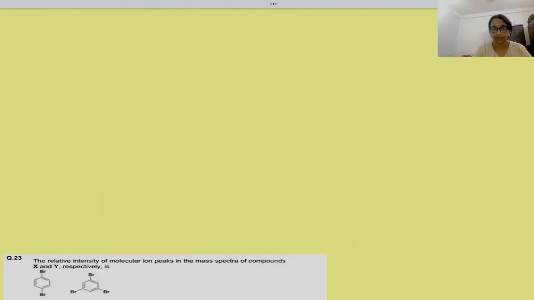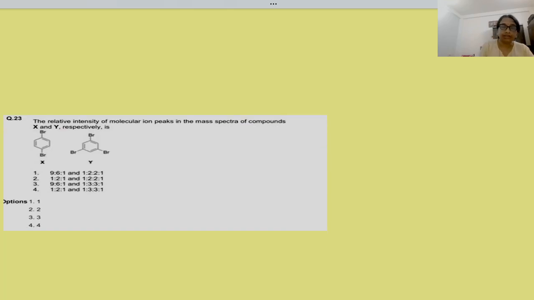Question number two is about the relative intensity of molecular ion peaks in the mass spectra.